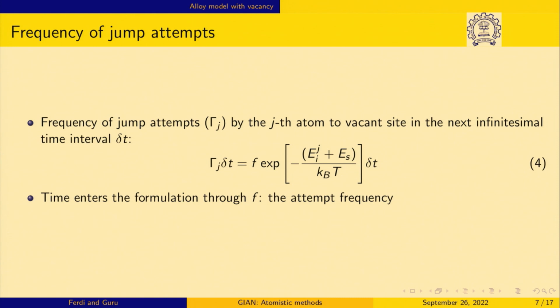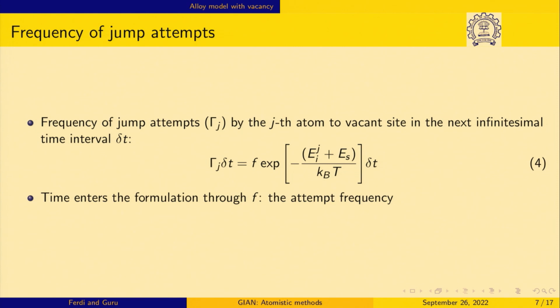The probability that it will do so in the time interval delta t is nothing but the frequency of attempt times the time interval, that is, the frequency f and this probability times delta t. That gives you the expression to calculate how many attempts will be made in a given time interval.